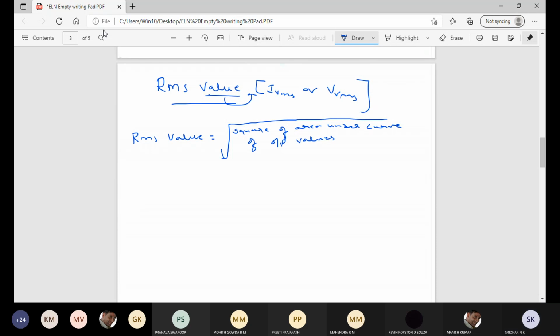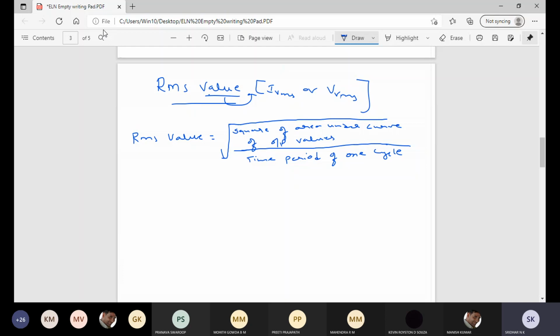Value means if you are finding current, you put current. If you are finding voltage, you put voltage for this value. The square root is for the whole numerator as well as the denominator.